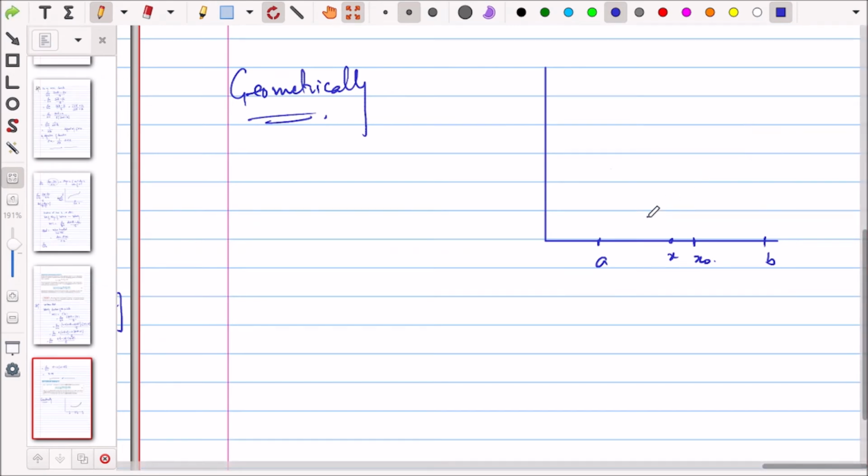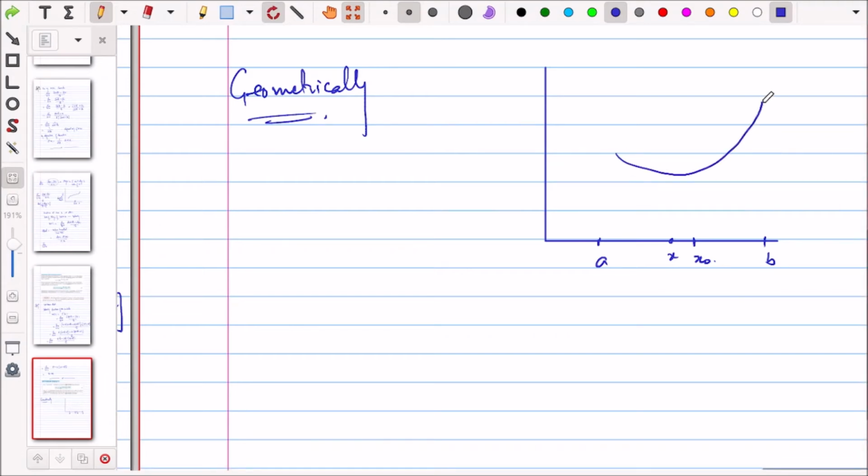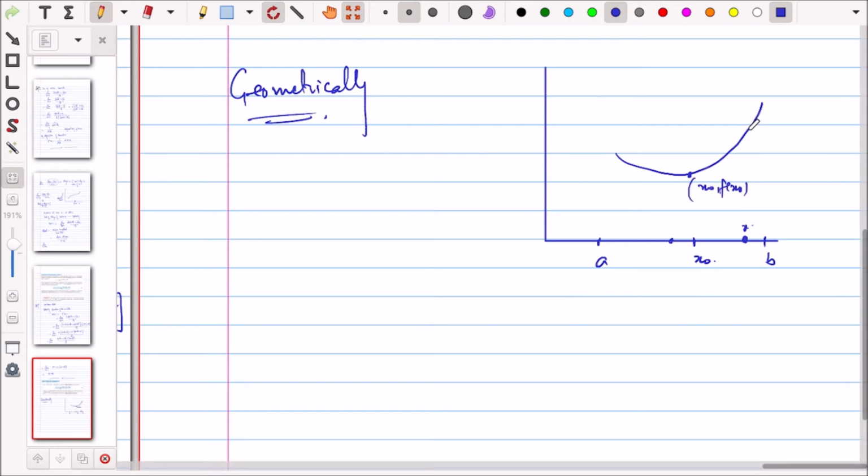I want to have a sharp turn. So let us take the point at this side, x here. This is your point x0, fx0, and this will be your point x, fx. Let us join these 2 points by this line.